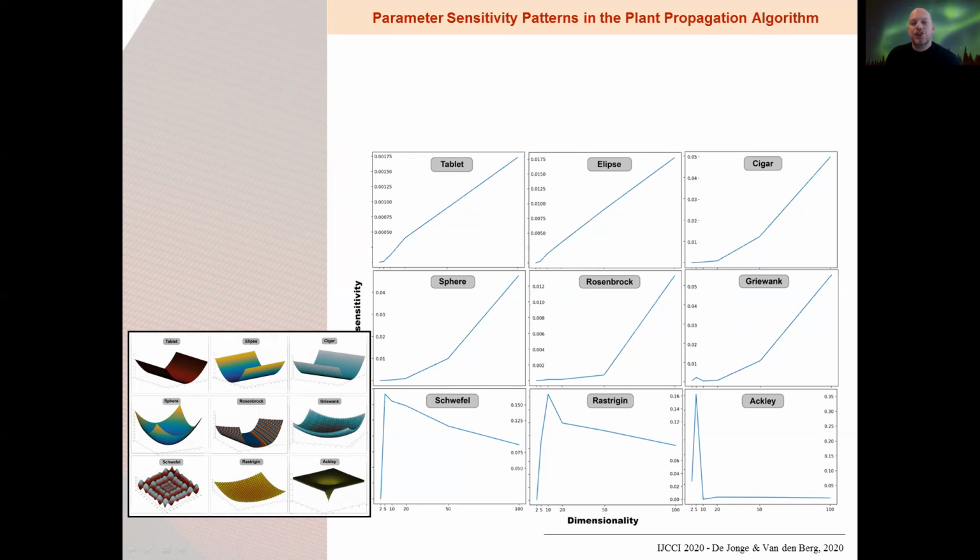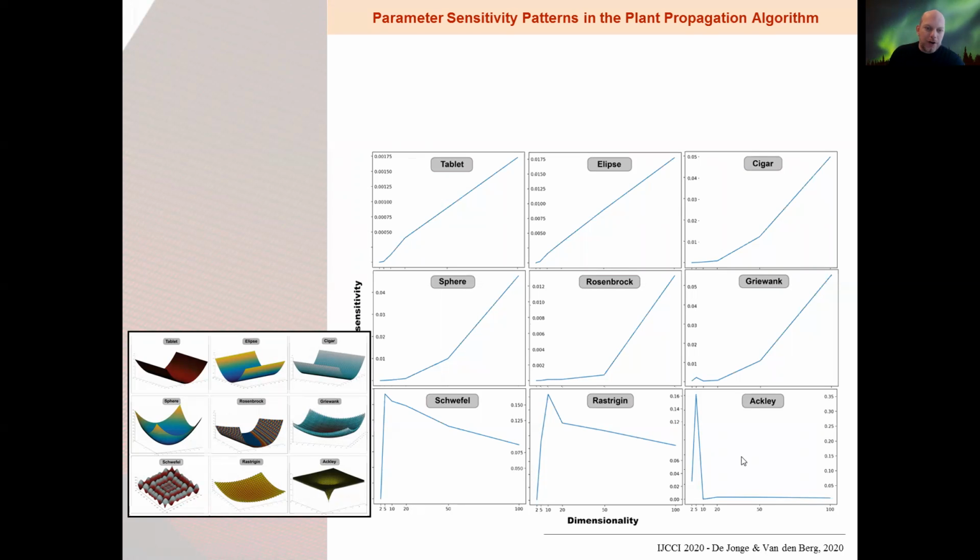It increases sublinearly. Cigar, sphere, Rosenbrock, and De Jong, they can probably not be bounded by a line from the top, so they increase faster than linear. They might increase superlinear. Polynomial, exponential, we don't know. At least that's what it looks like.